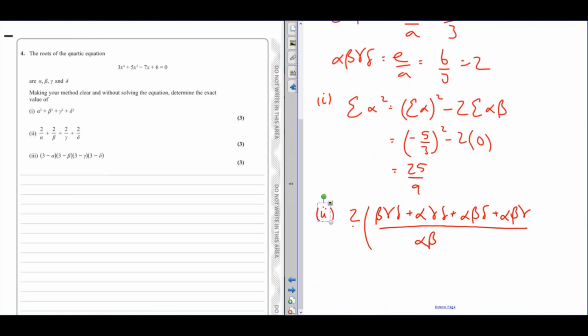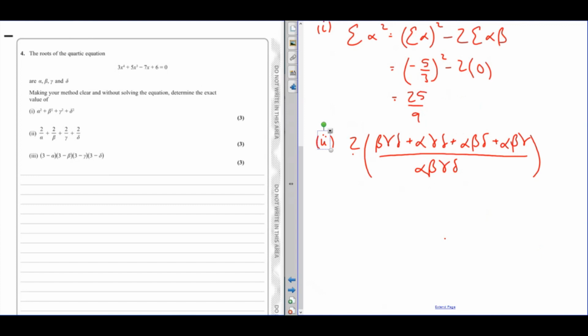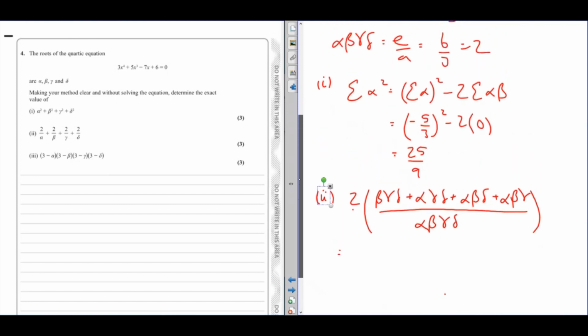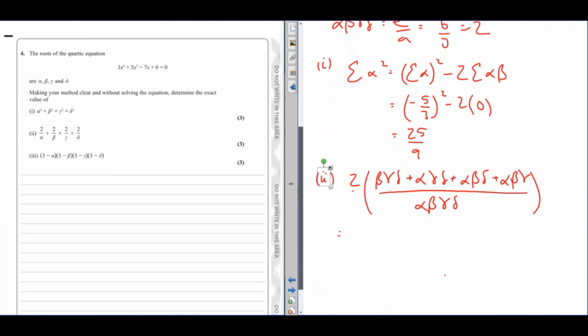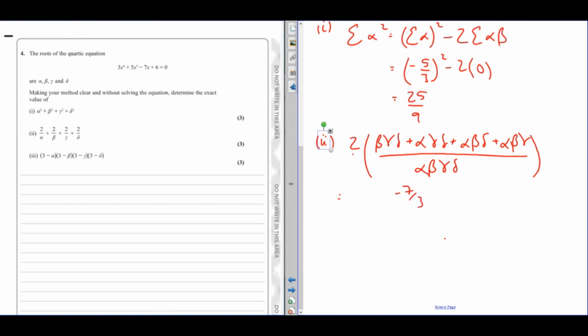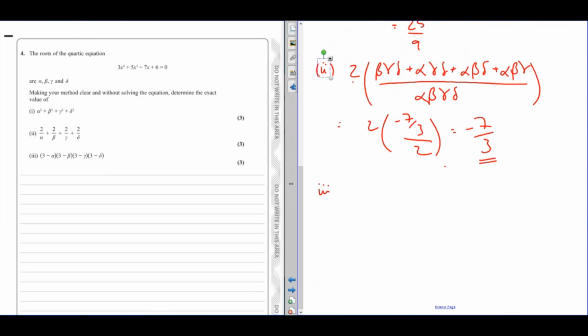On the bottom, you'll get the product of the roots. And we've got results for both of these as well. So the sum of the product triples is minus 7 over 3. The product of the roots is 2. That's all times by 2, so I get minus 7 over 3 for this one.